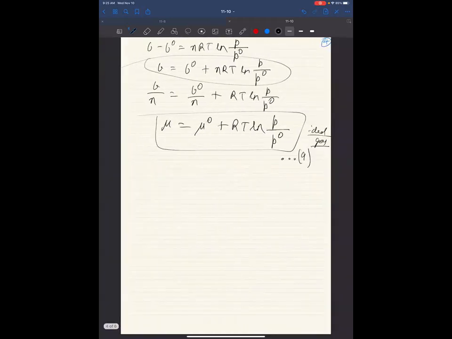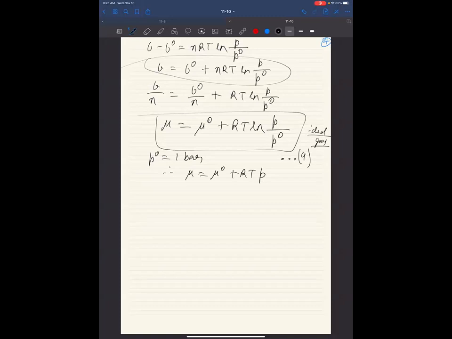So we can just do it. And P naught we are going to set as 1 bar, 1 Pascal. Whatever unit you are measuring your pressure in, just put 1 in that unit. Therefore, mu is equal to mu naught plus RT ln P. We set P naught equal to 1. It's just a number. It's a reference pressure. We don't worry about it.